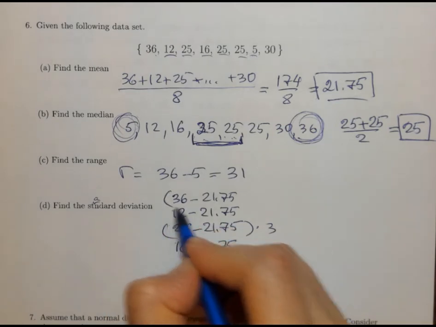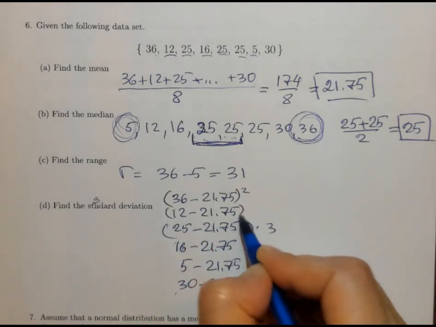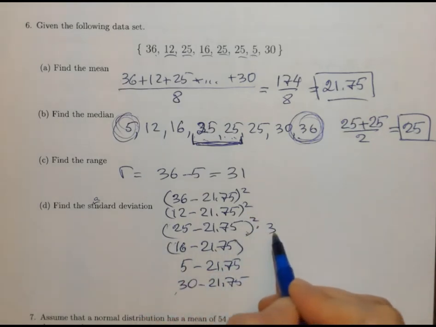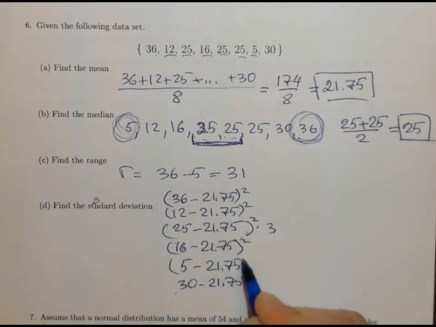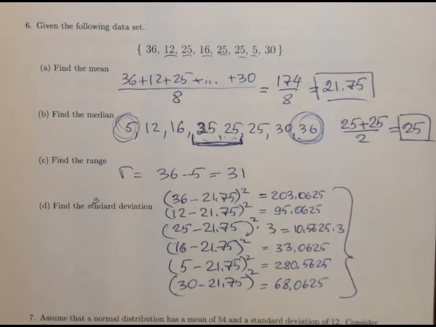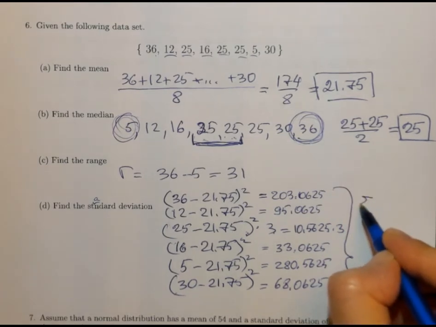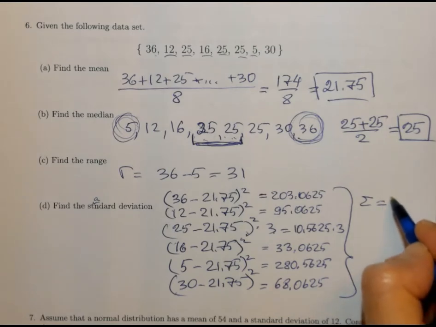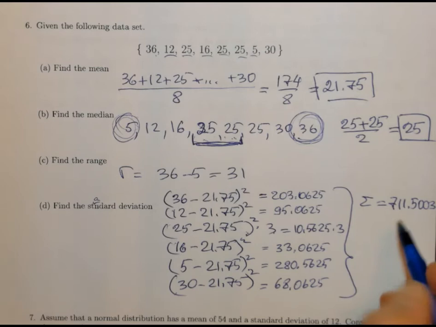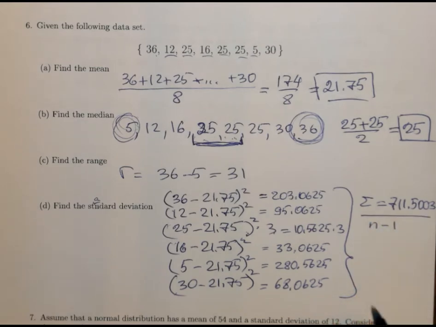So then we square each difference. In this case, we first square, then multiply by 3. Then we add these squares. The sum is 711.5003. Then we divide by n minus 1.